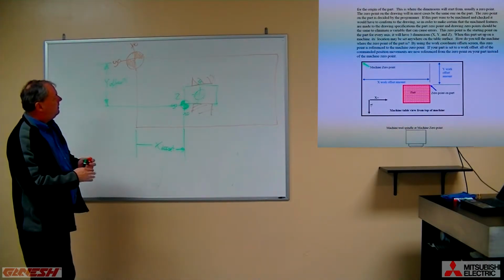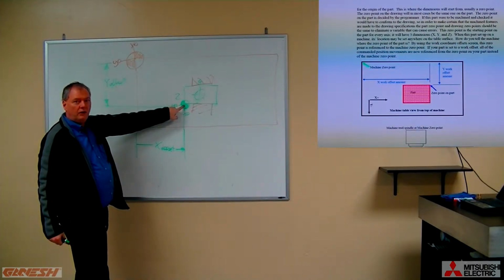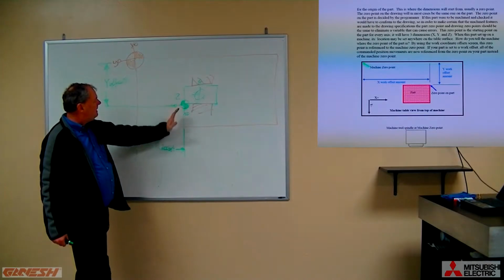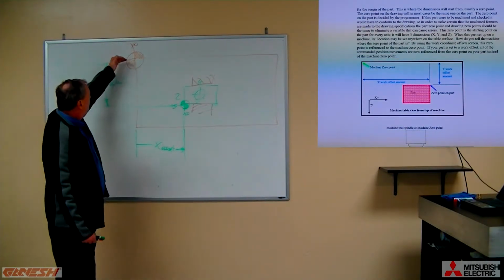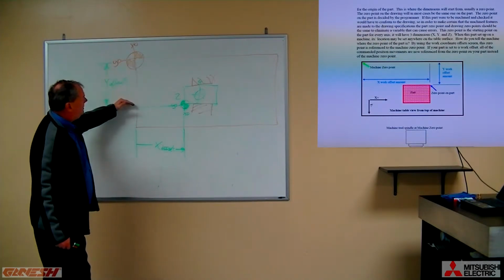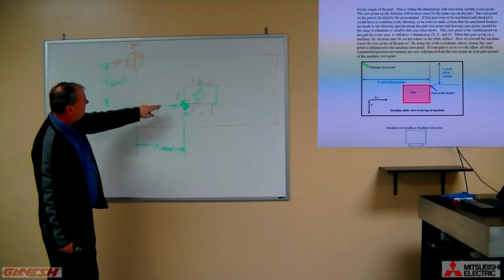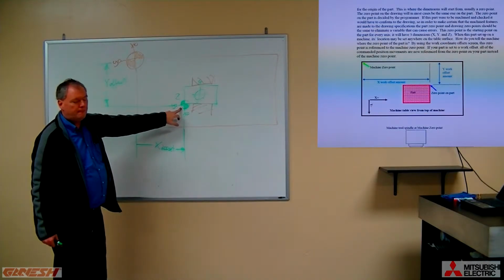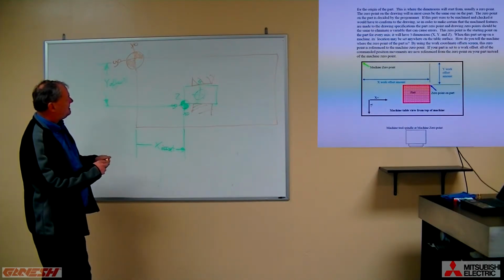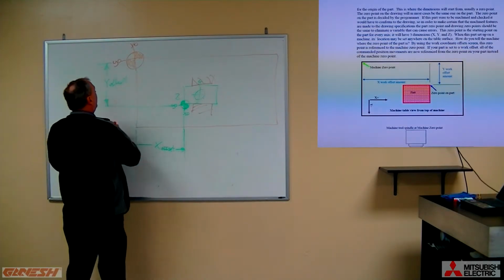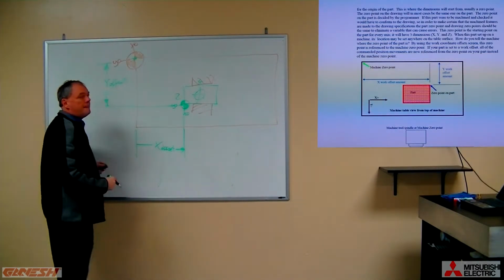We need to tell the machine that our zero, our datum, is a certain distance away in x, and a certain distance away in y. Otherwise, if we didn't inform the machine what these values are, and you tell the machine go to x0, y0, it's actually going to move your cutting tool right there.